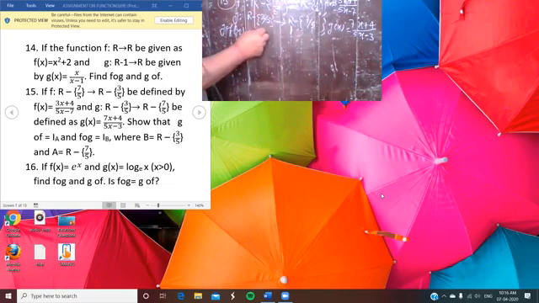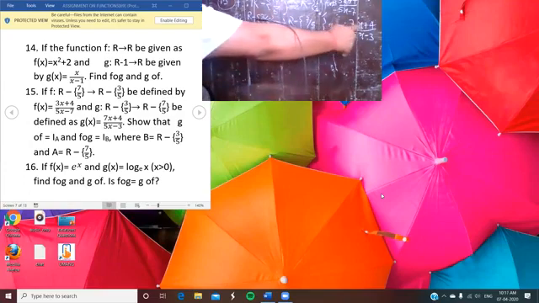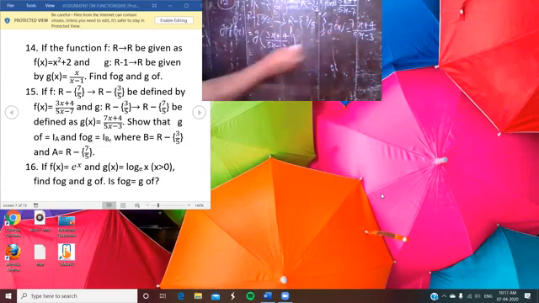Write the value of f(x) here, which is 3x plus 4 divided by 5x minus 7. So gof is this one. Now you find g of this complete value, putting the complete fraction in place of x in the value of g(x).